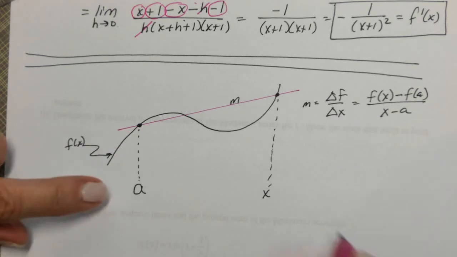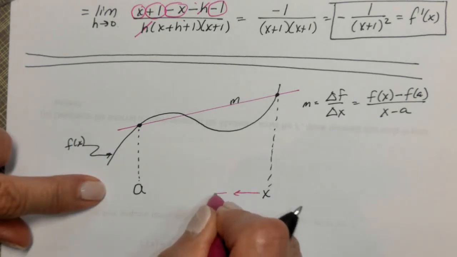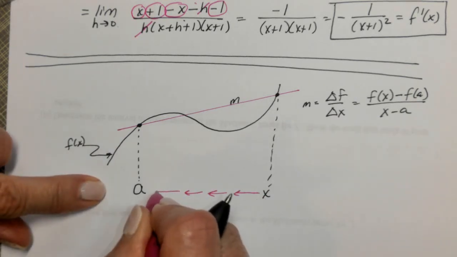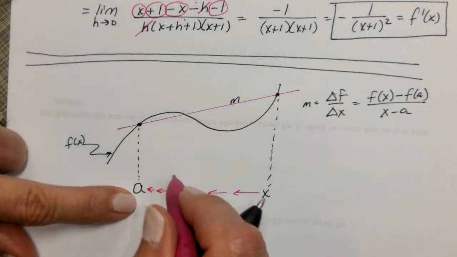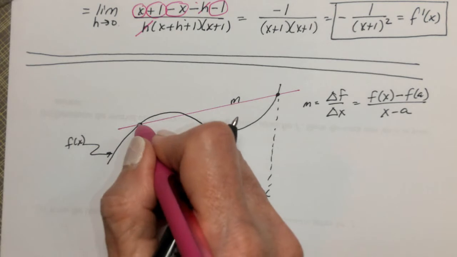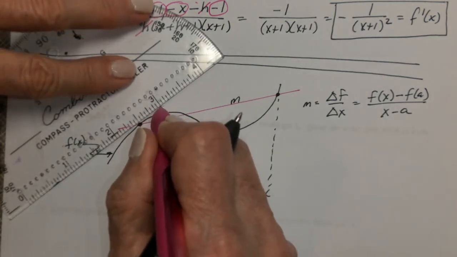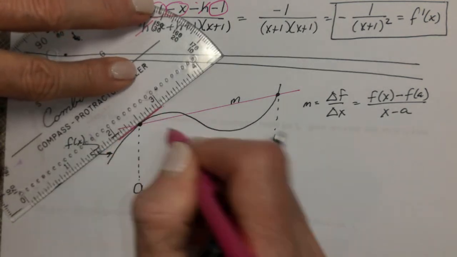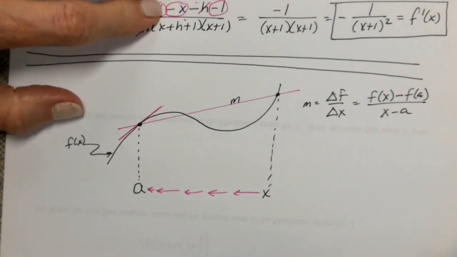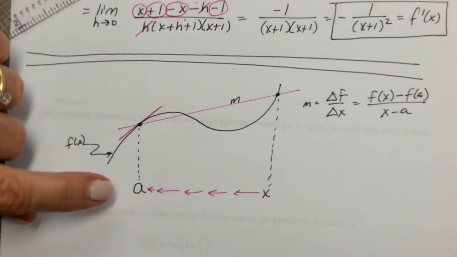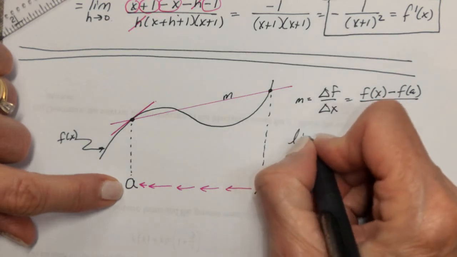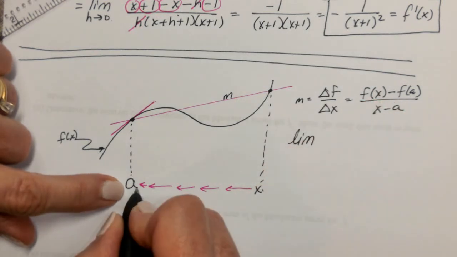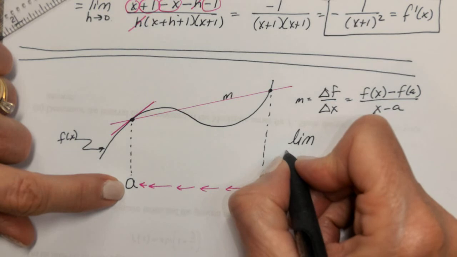Now I'm going to let x get closer and closer, infinitesimally close to a. If I do that, we will have the slope of the line tangent right at this a value. So we're letting x get closer and closer to a.